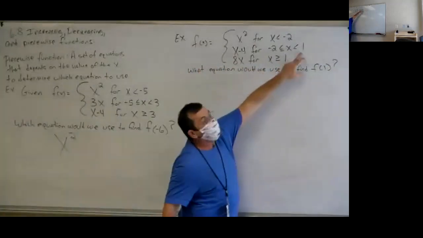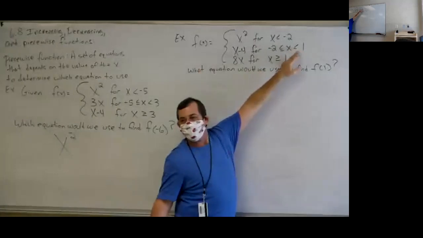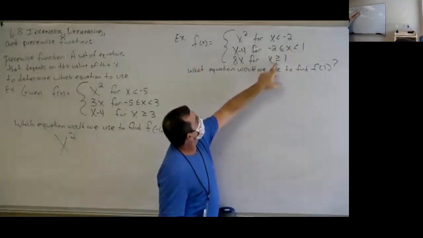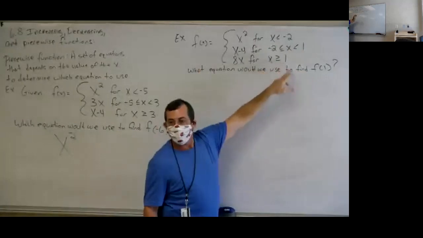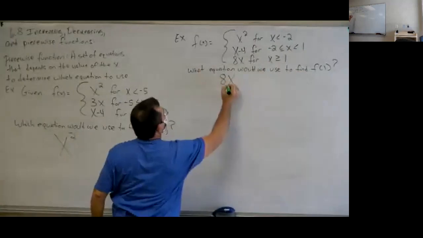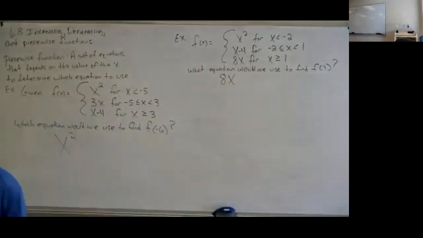Because you see a 1 there, but it's got to be less than 1 for this one. To equal 1, that's what the equal is here. This one says it can equal 1 or be any number bigger. So it is definitely the 8x, okay? So pretty good in that.